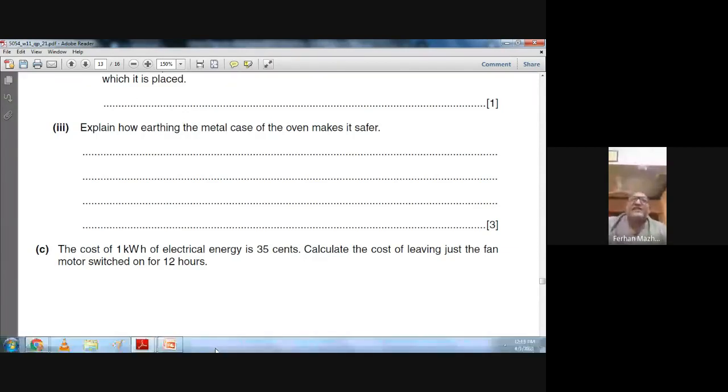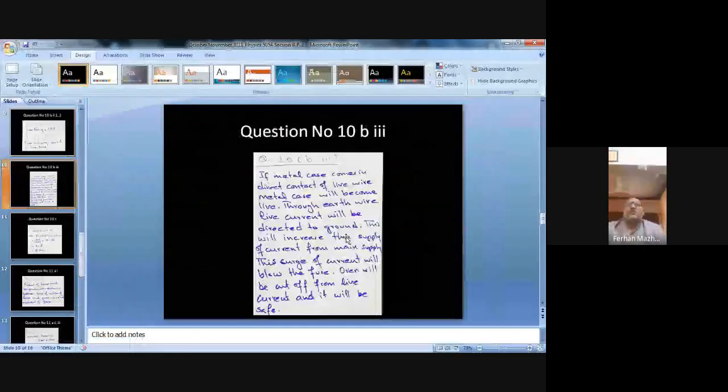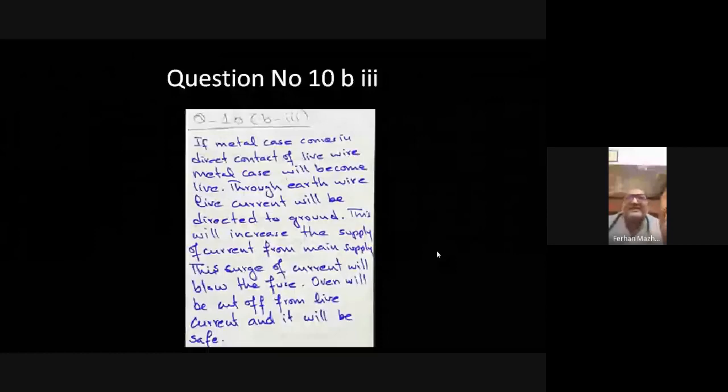I have written this answer. Let me show you my answer, and then we will see. So on your screen it is showing: if metal case comes in direct contact of the live wire, metal case will become live.